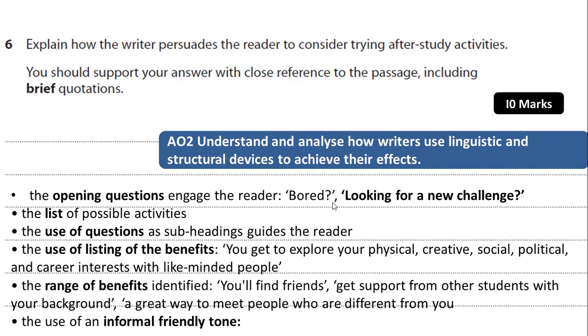The candidate has given quotations and talking about the lists provided by the writer, use of questions, use of listing of the benefits. The writer has mentioned a range of benefits and even using an informal and friendly tone. So once again, you can see the focus is on the language, the linguistic units, and the structure of the writer's writing and how it's going to achieve certain effects.